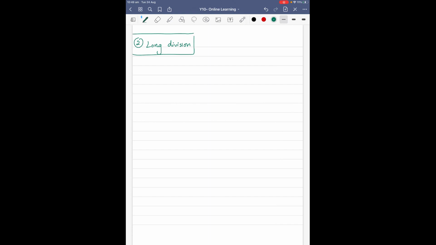Okay, so to do long division, we're going to have x plus 1 as our factor. We're going to have our polynomial inside, which is x cubed plus 2x squared minus 5x minus 6. First things first, you need to check if the powers are all in descending order, which they are because they are 3, 2, 1.